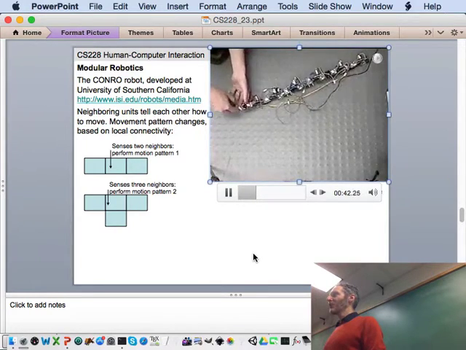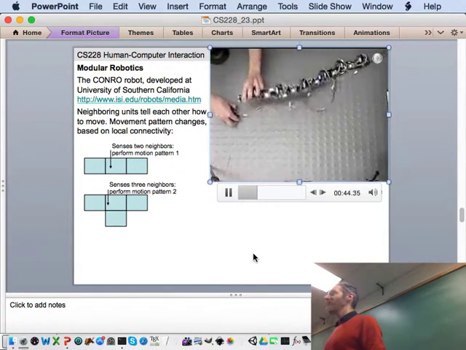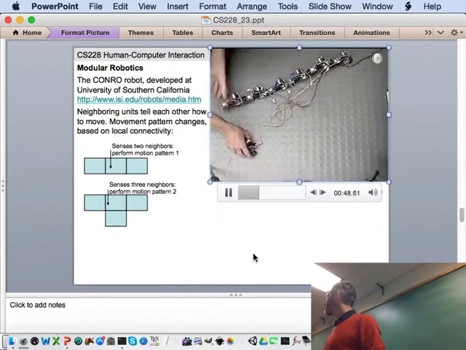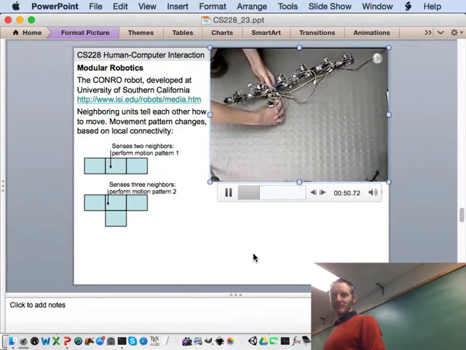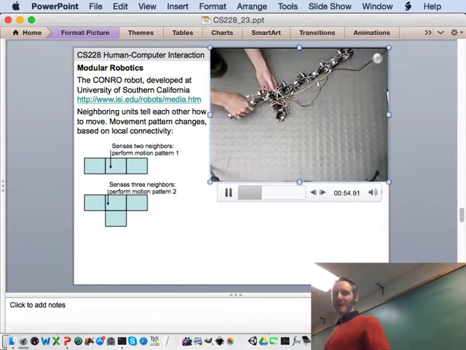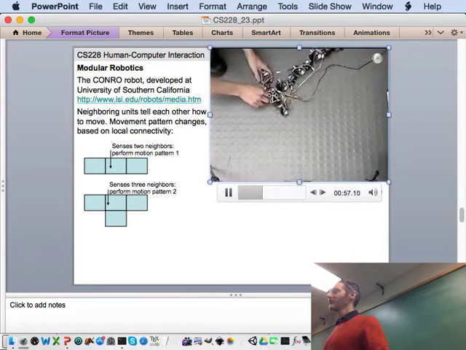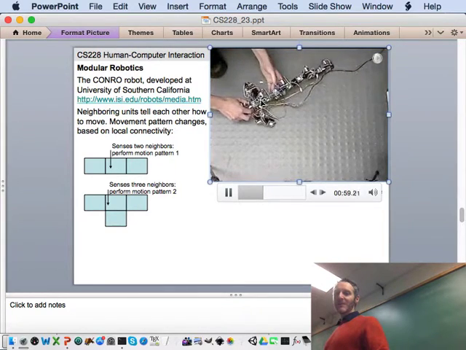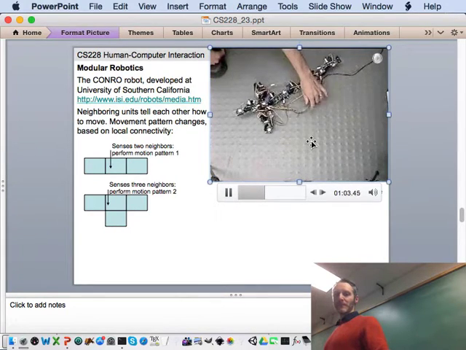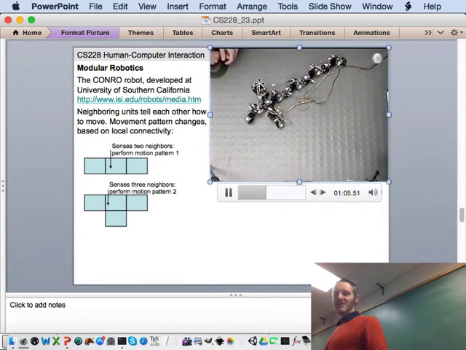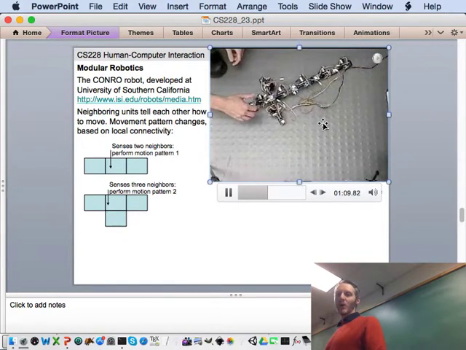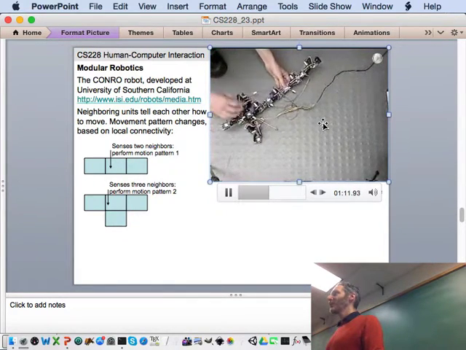The nice thing about modular robots is they don't have a fixed body shape. What's happened to this unit? It now has 3 neighbors. This unit now has 4 neighbors. Which means this unit is now doing something different from all the other units, because there are no other units that have 4 neighbors.